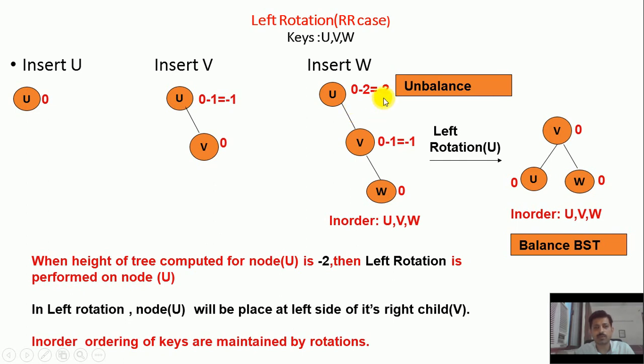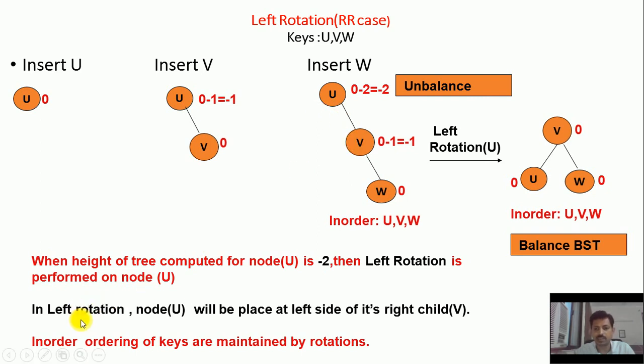For the negative side, if we have -2 for any node, then we have to perform a left rotation on that particular node. The definition of left rotation is that the node will be placed at the left side of its right child. What is the right child of node U? The right child of node U is V. So U will be placed at the left side of its right child.